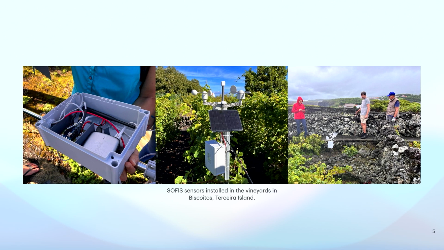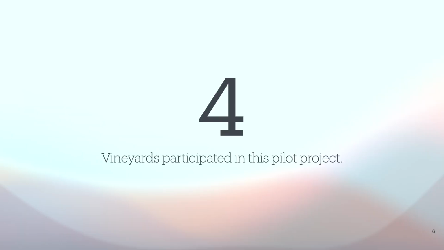They grow the vines inside fences made of rocks. In this pilot project, 4 vineyards participated. I forgot to mention that the device itself is low cost, less than 100 euros each. So I believe this solution can scale up to other vineyards and other islands.